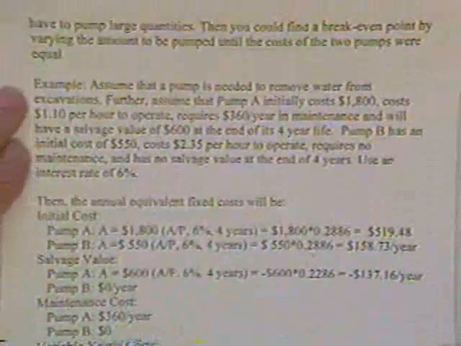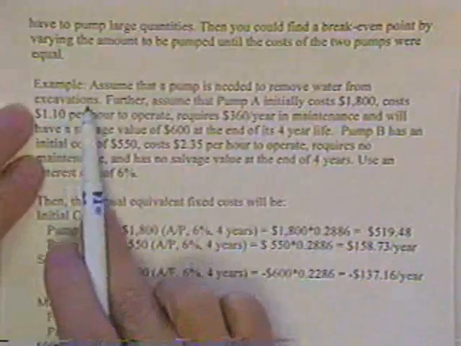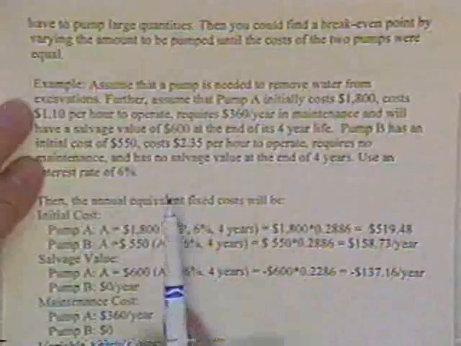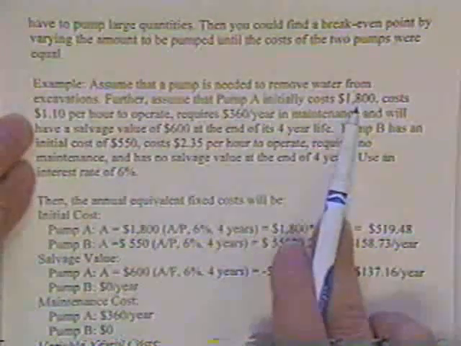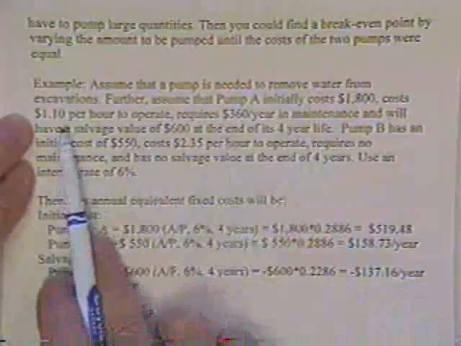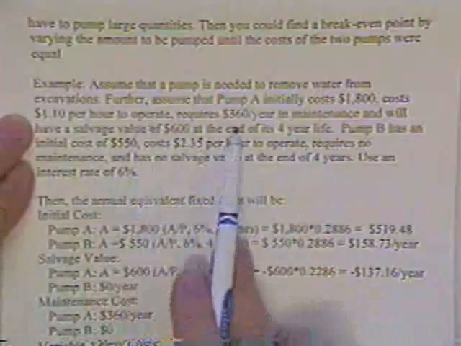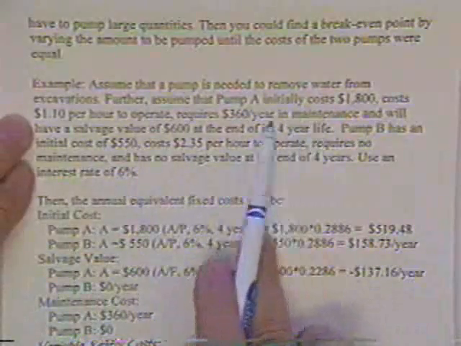So here's an example. Assume you need a pump to remove water from excavations. You need these things all the time. In fact, you're getting ready to go buy another one for this next job. Further, assume that pump A costs $1,800. It costs $1.10 per hour to run it and pump water, and it'll cost you $360 a year in maintenance.